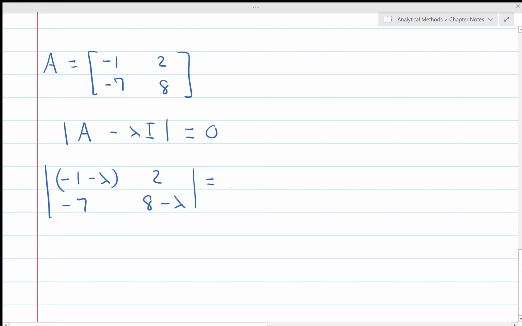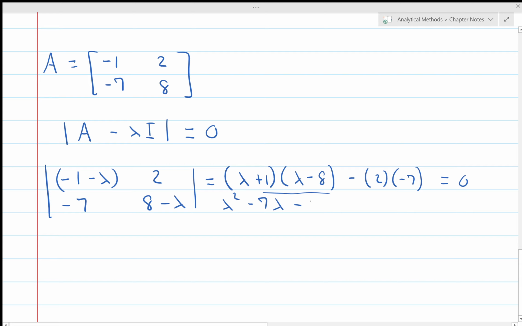So we're going to have lambda plus 1, I'm just switching the signs already, multiplied by lambda minus 8, minus 2 times -7. It's got to equal 0. So this right here, lambda squared minus 7 lambda minus 8.